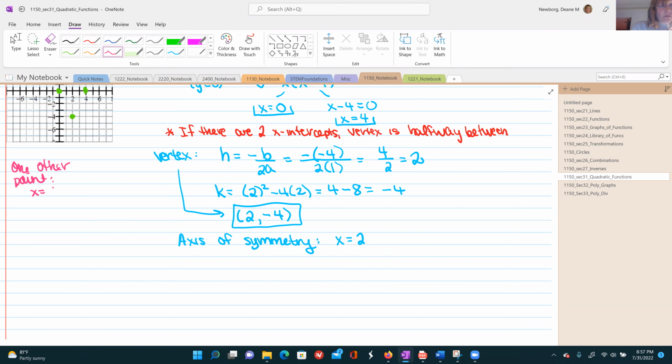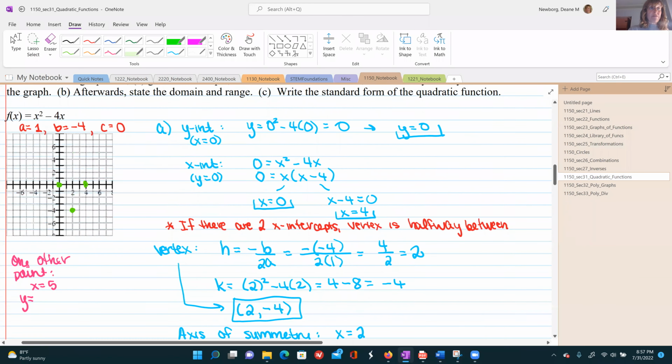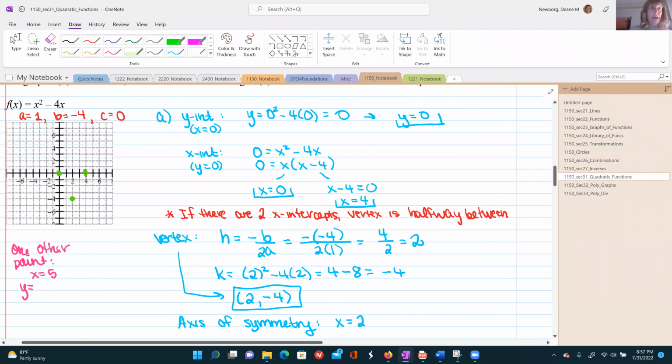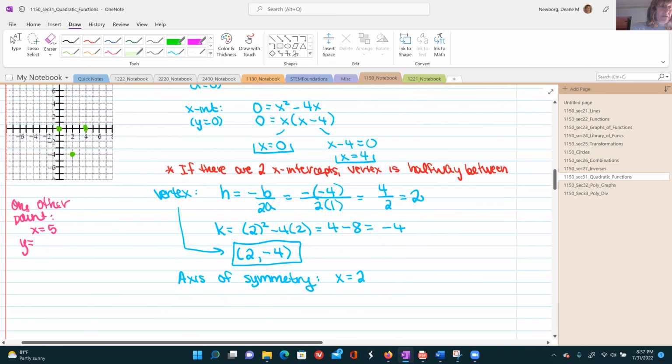So if x equals 5, then y equals, we just plug 5 in for x in the formula. So 5 squared minus 4 times 5. So it would be 25 minus 20, which is 5. So one other point on the parabola would be (5, 5).